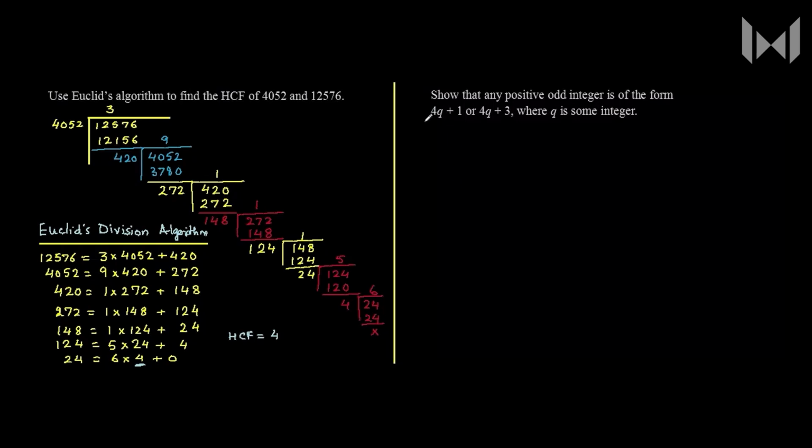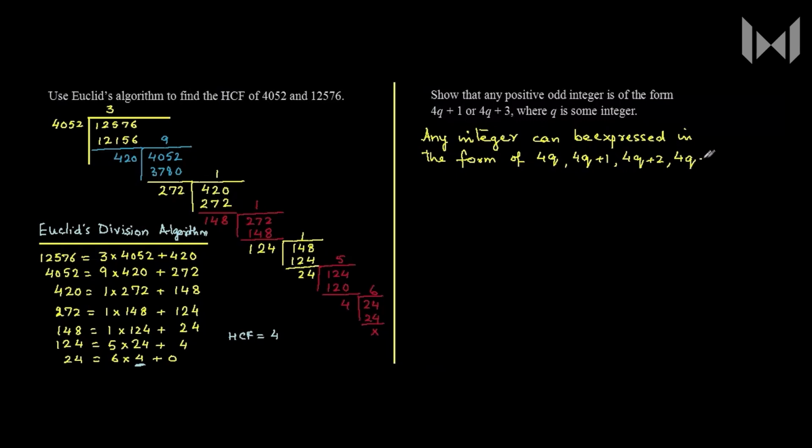So what we shall do is, we shall write any integer can be expressed in the form of 4q, 4q plus 1, 4q plus 2 and 4q plus 3, because the remainder cannot be 4, so we need to go only up to 3.